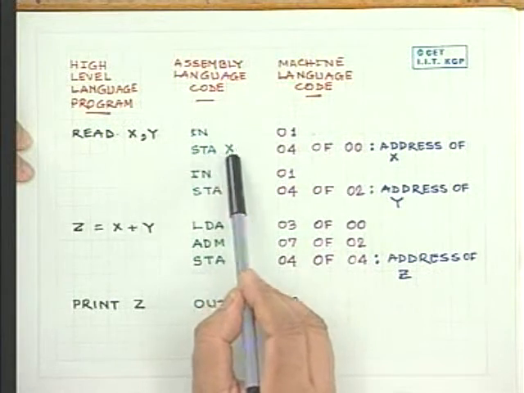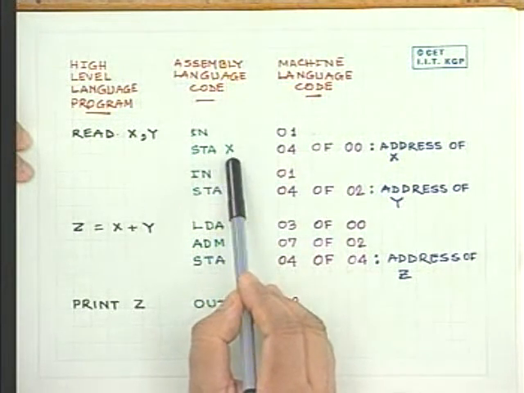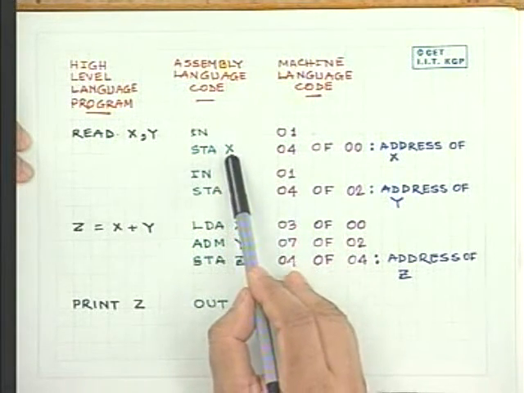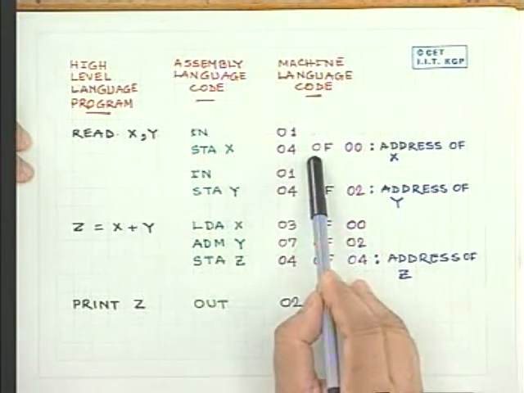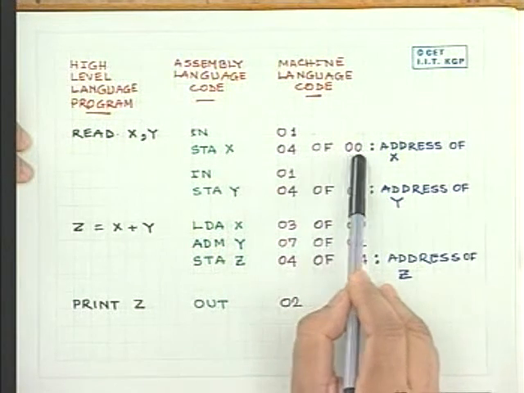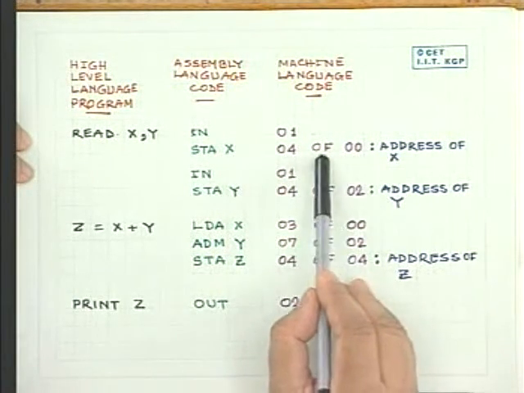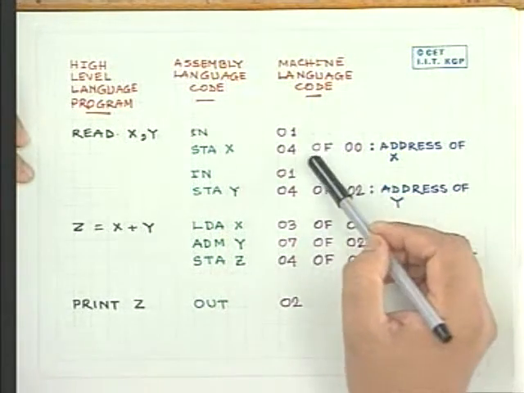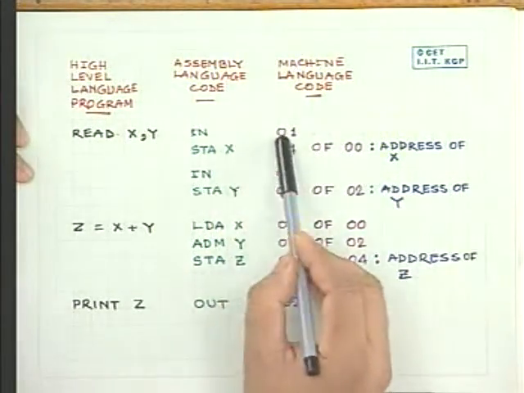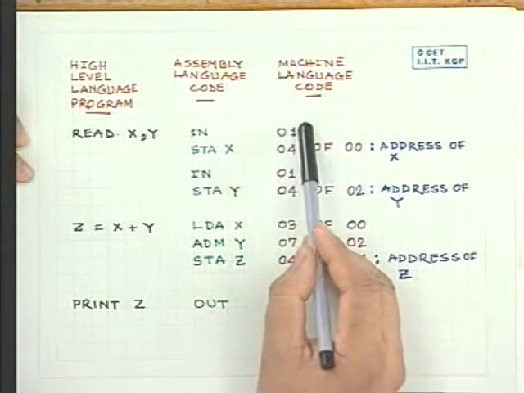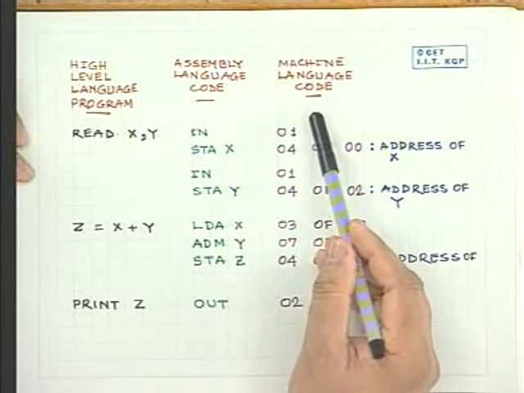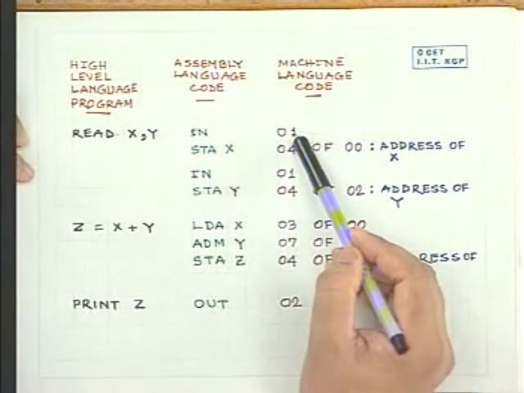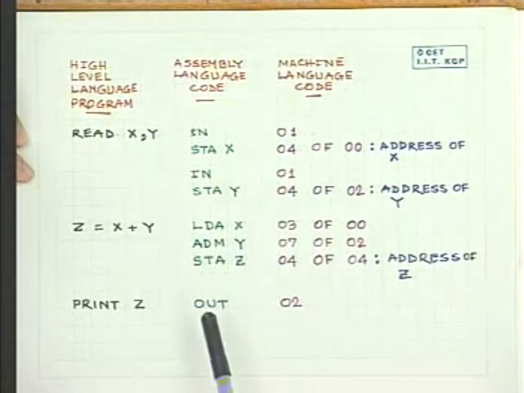In the assembly language, I have represented the operand by means of a symbol X. In the machine language, that operand address has been shown by means of a hexadecimal string of characters, right? Sometimes that address may not be there. For example, IN doesn't need an address because IN's address is implicitly the accumulator itself and therefore need not be given explicitly.